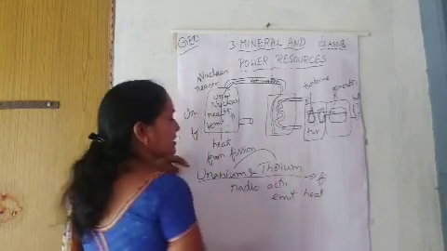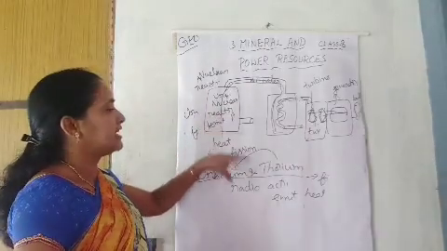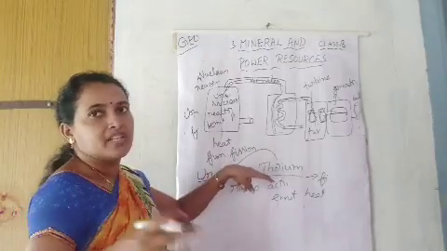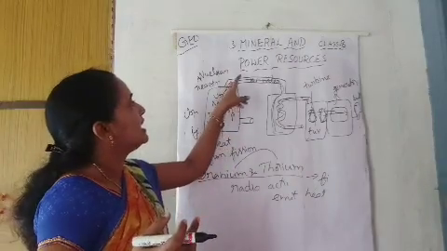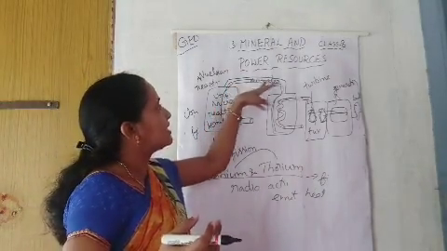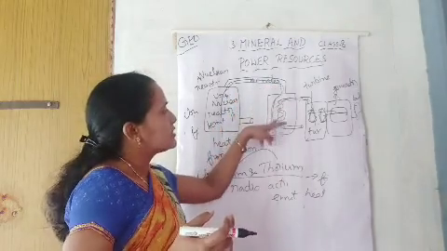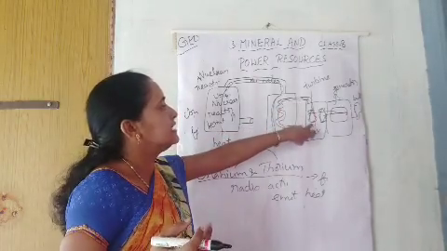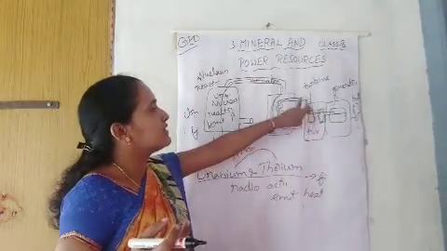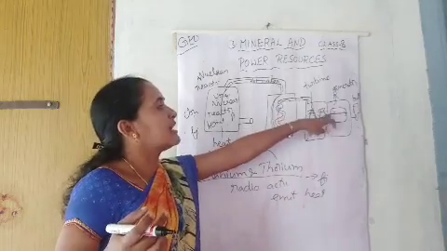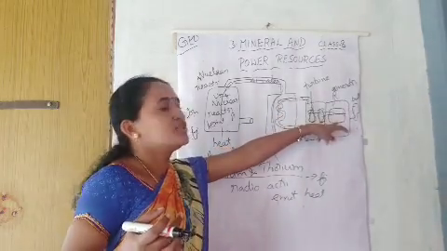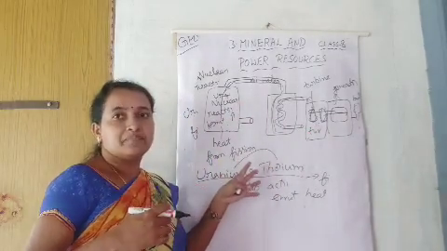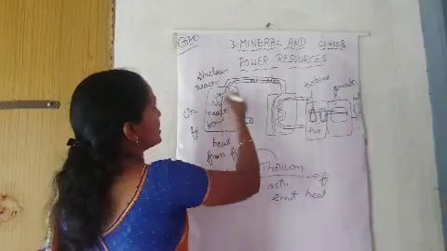The heat will go as hot water vapor to the other tank, and this hot water will make the turbines move. The turbines will make the generator produce electricity. So this is the way of producing nuclear energy.